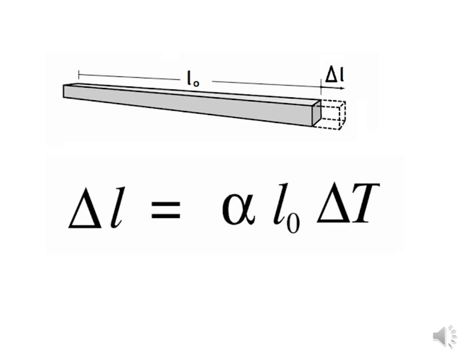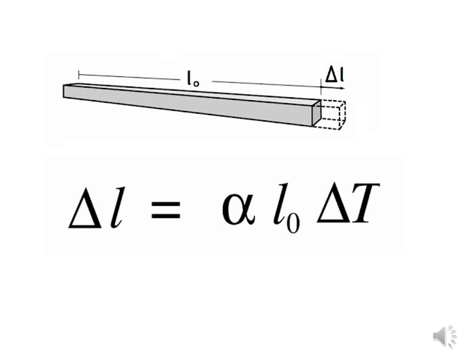The thermal expansion of the object, delta L, depends linearly on the change of temperature, delta T, depends linearly on the initial length of this object, L naught, and depends linearly on the coefficient of thermal expansion, alpha.